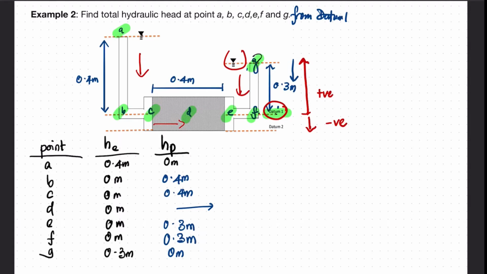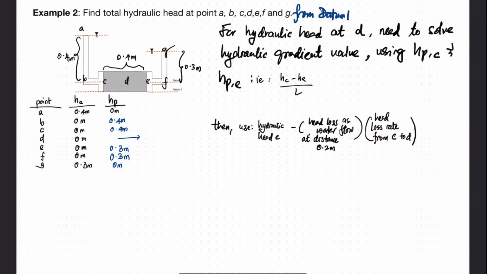I'm going to write the simplified equation to find the pressure head at point D. Next is how to actually calculate the point which is within the aquifer media. And here we want to find D, what is the pressure head.